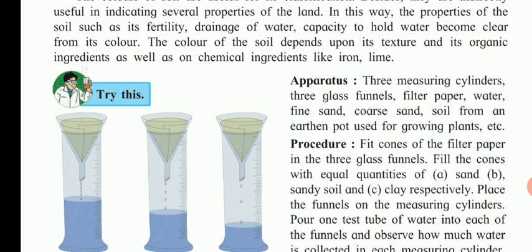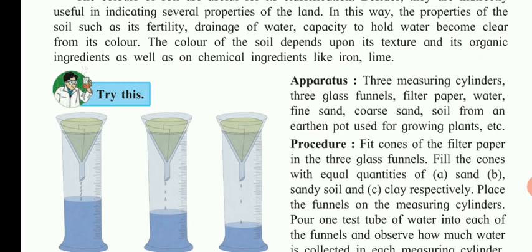By seeing the color of the soil, we can clearly know how fertile it is, how much water it can drain, and how much it can hold. By seeing the color of the soil, we can come to know all this.